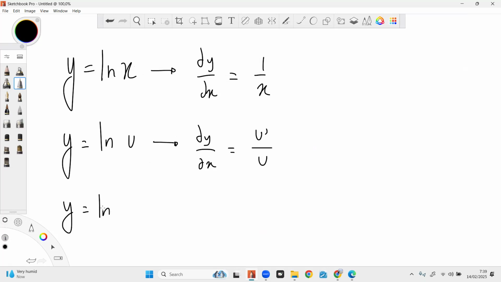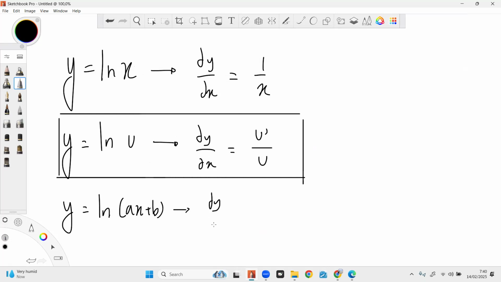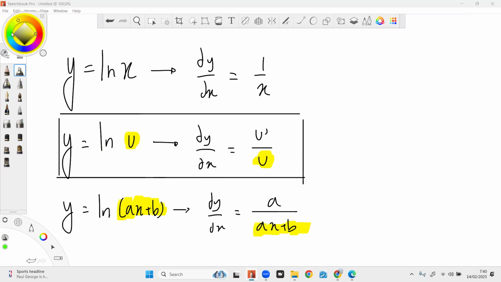If I have ln of, let's say, ax plus b, according to this rule, it will get 1 over, as usual, the u itself, ax plus b, put down ax plus b, and on the top you derive ax, which becomes a, right? So you don't have to memorize this, but just in case, try to understand how it works. See, it's the same, right? Because u is a function, ax plus b is also a function, and this will be the derivative of ax plus b, which is a.